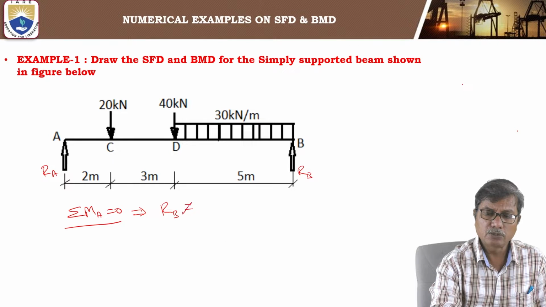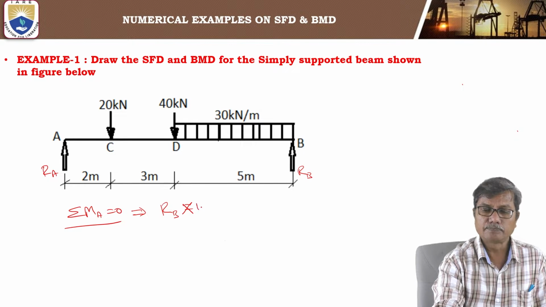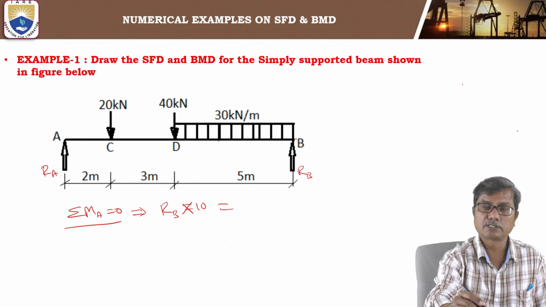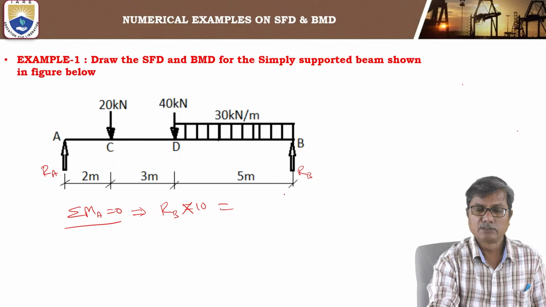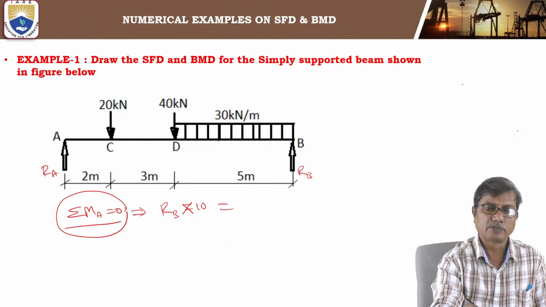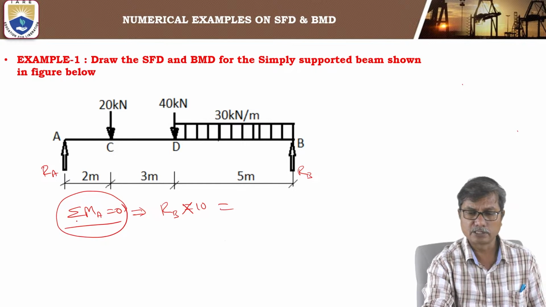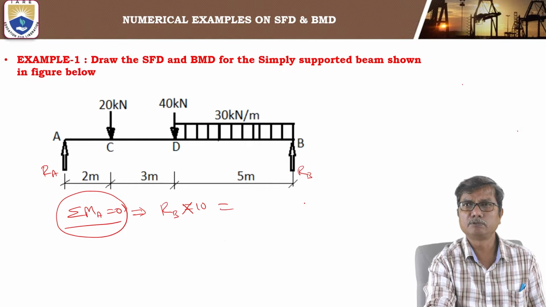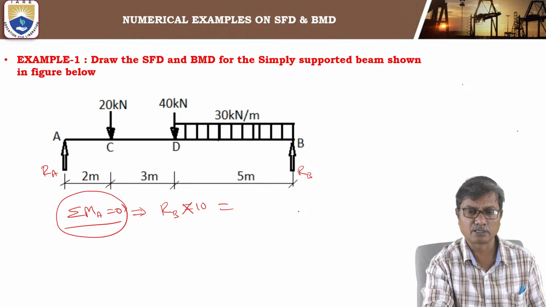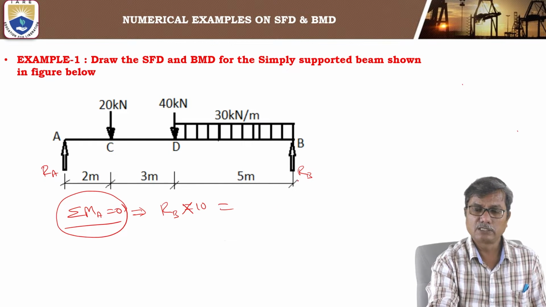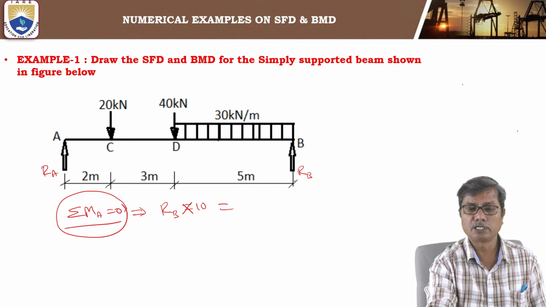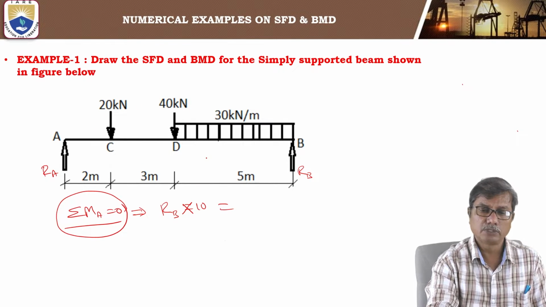So RB into 10, this is anti-clockwise. The meaning of this equation is that the sum of anti-clockwise moments is equal to the sum of clockwise moments. That is the equilibrium condition, or the algebraic sum of the moments is 0. We can say that also. Here the anti-clockwise moment is due to RB.